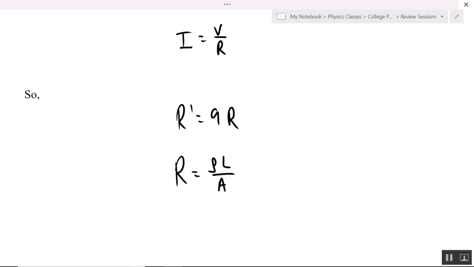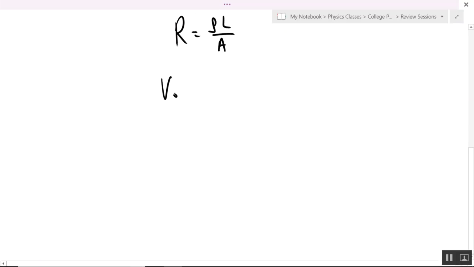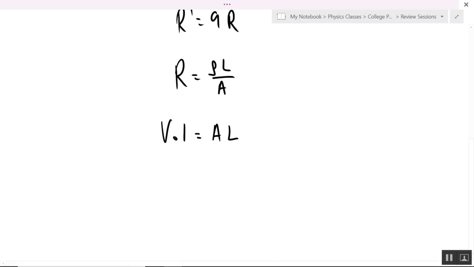When you reshape the wire, the volume has to be constant, right? Remember this for reshaping wires? So the volume is area times the length, right? So it gets a little bit weird here, but the length has to get bigger or the area has to get smaller, right? But this whole thing has to be the same, the area times the length.